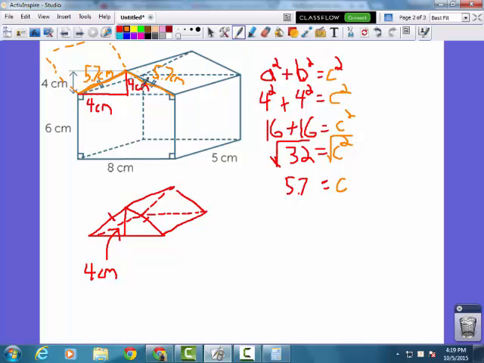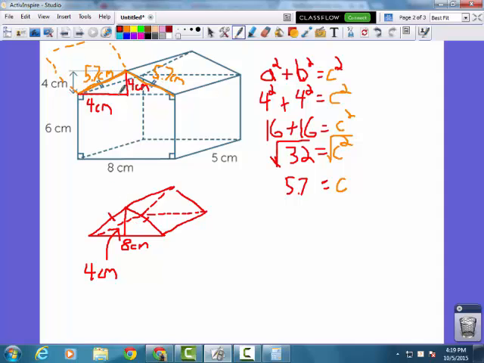So we've got all the pieces of our triangle. Now we can start finding the surface areas of these sides. So let's go back. Looking at our triangle, we know that the height is 4 centimeters. The base of this entire side is 8 centimeters. Don't use the 4.